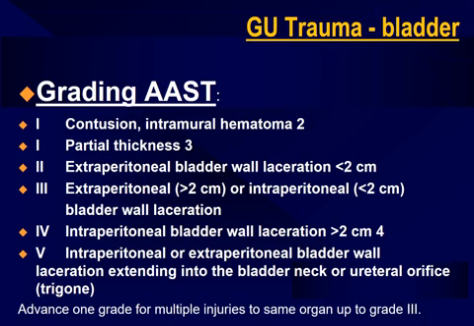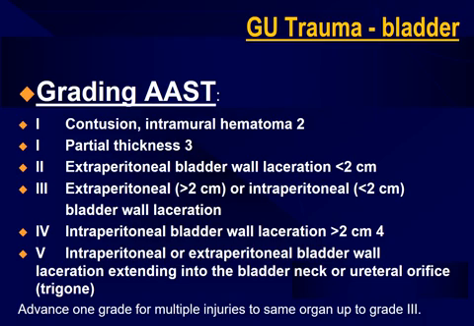Grade 2, this means the presence of extraperitoneal bladder wall laceration less than 2 centimeters. Extraperitoneal and less than 2 centimeters. But if we have extraperitoneal trauma to the urinary bladder larger than 2 centimeters, we are talking here about grade 3.